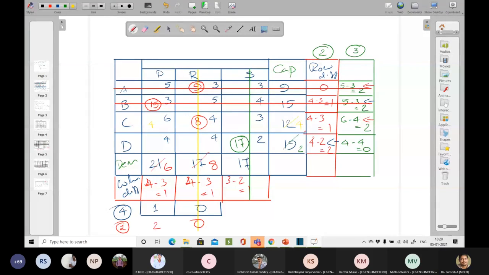Okay, so here I have given one column 25 into 1.